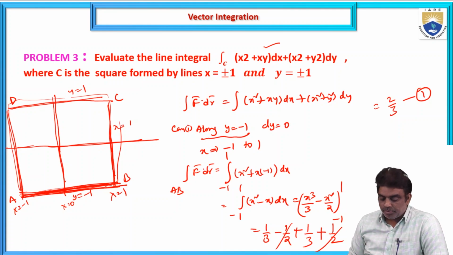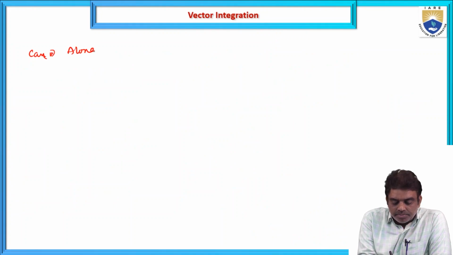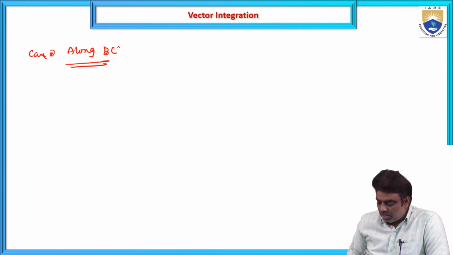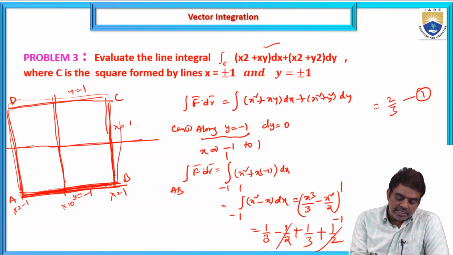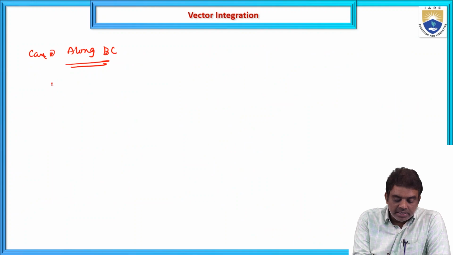Similarly, now case 2, along BC. What is the BC equation? This is x is equal to 1. The line equation is x is equal to 1. Along BC, the equation is x is equal to 1.